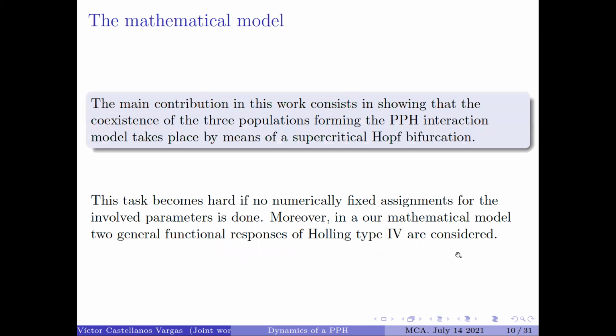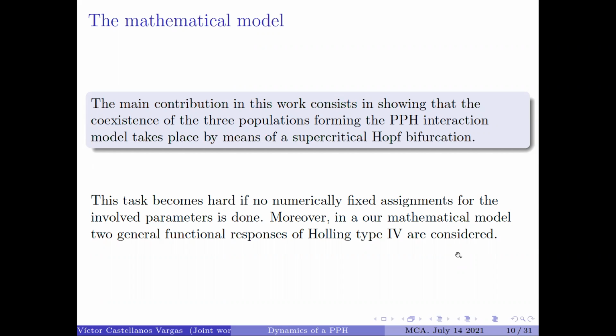Okay. The main contribution of this work consists in showing that the coexistence of the three populations forming the pollinator-plant-herbivore interaction model takes place by means of a supercritical Hopf bifurcation.